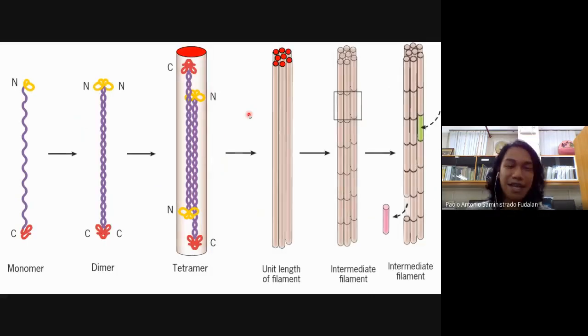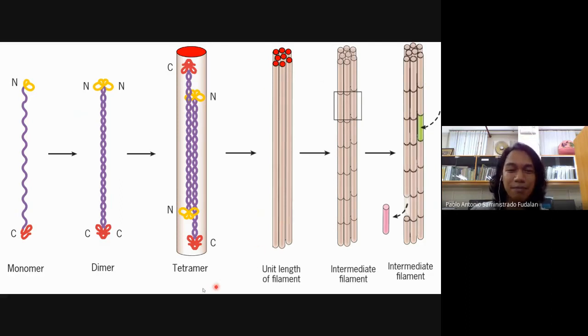All right. And then we have this illustration. So this one is for the intermediate filament. Can anyone from the group point out which among these is the basic subunit of our intermediate filament? Is it number 1 here on the left, number 2, number 3, 4, 5, 6?